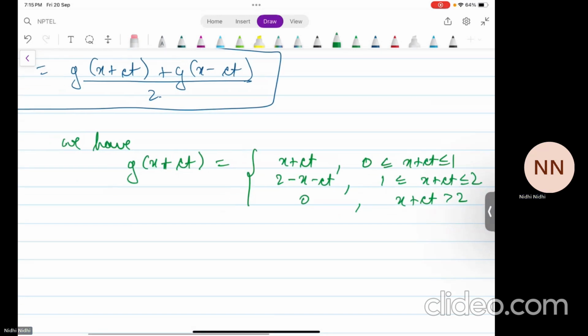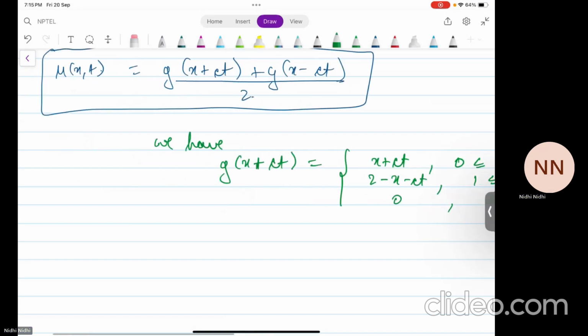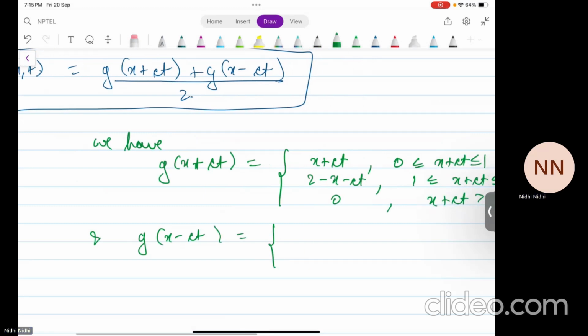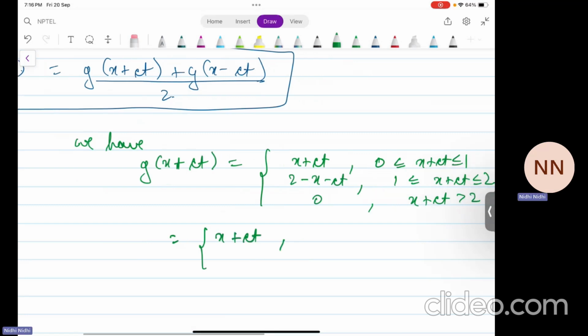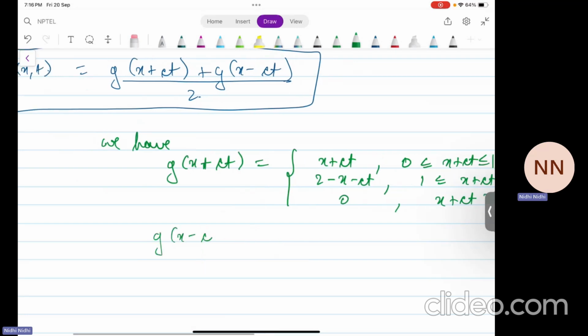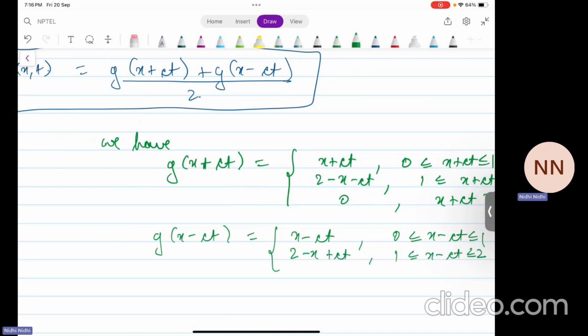Now, similarly, g(x minus ct) is equal to x minus ct for 0 less than or equal to x minus ct less than or equal to 1, 2 minus x plus ct for 1 less than or equal to x minus ct less than or equal to 2, 0 for x minus ct greater than 2.